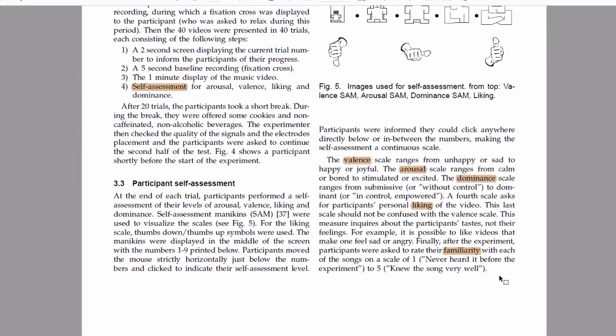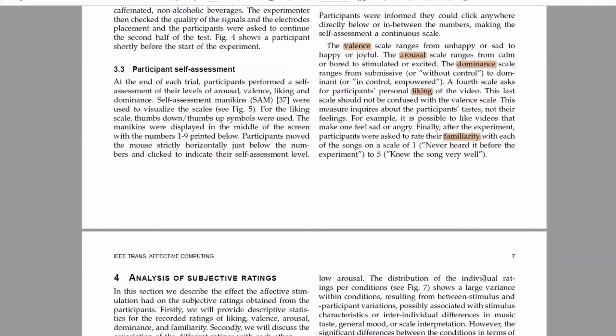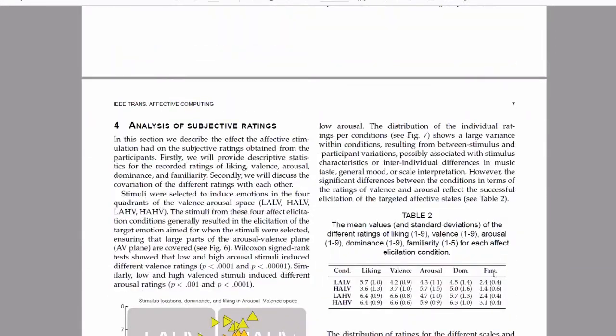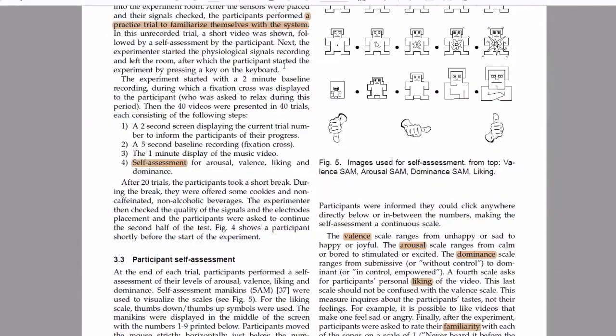That means whether you have watched this music video before the experiment or not. So I think this sort of systematic way to plan the experiment can reduce a lot of noise that you may collect during the experiment. It will definitely improve the overall accuracy.